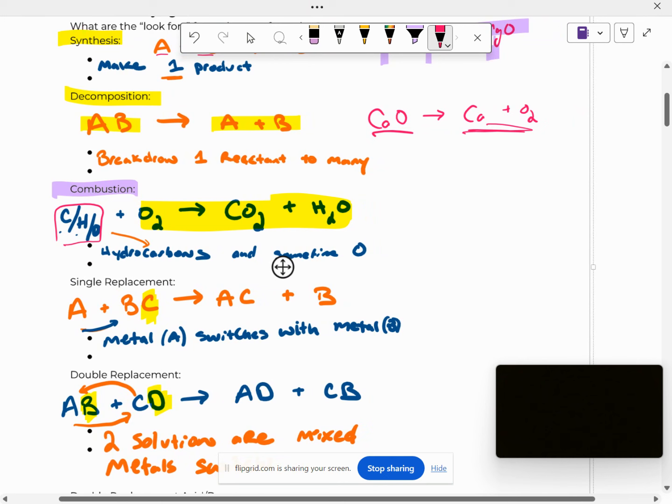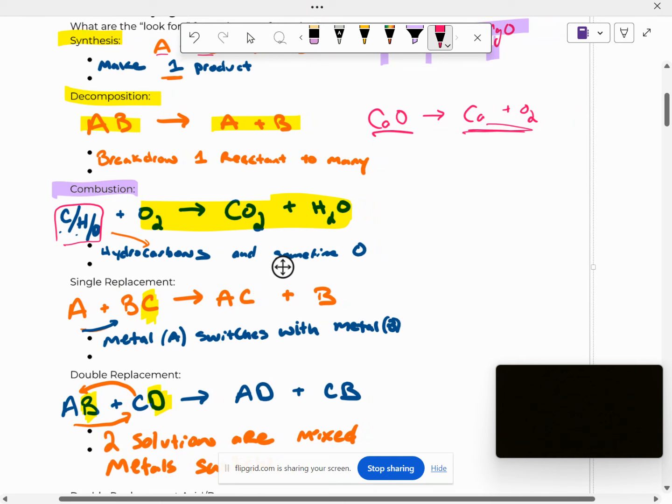A double replacement acid base is the exact same thing, and we just got done with our acid base unit. It's when you have an acid and a base, but we're going to make water and a salt. So let's just say you have NaOH, that's our base, plus HCl, that's our acid.